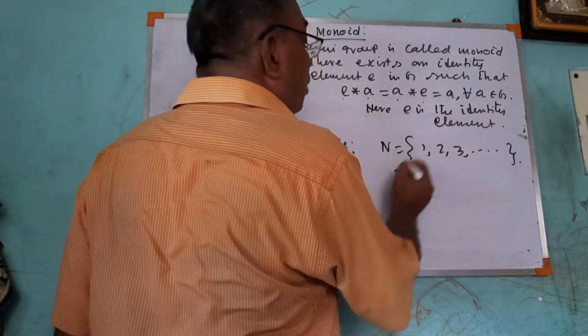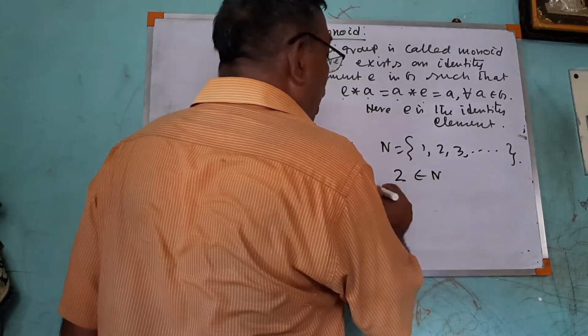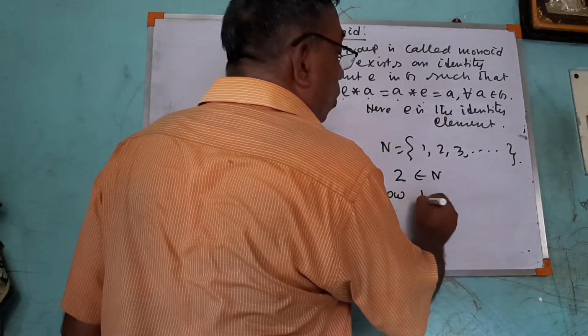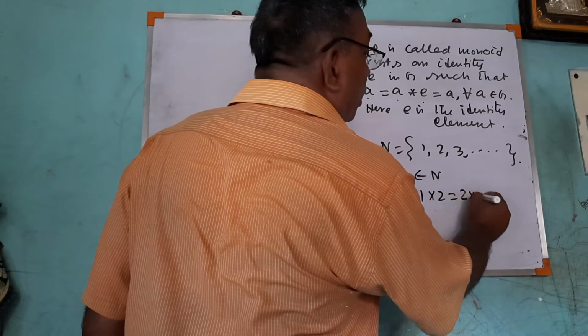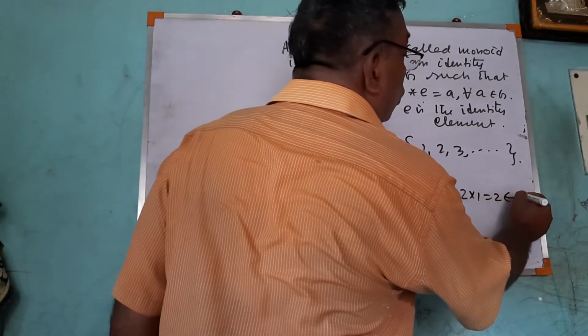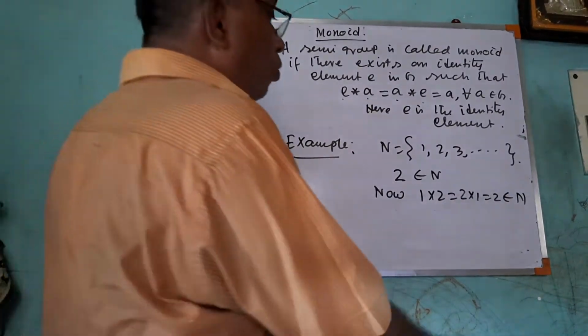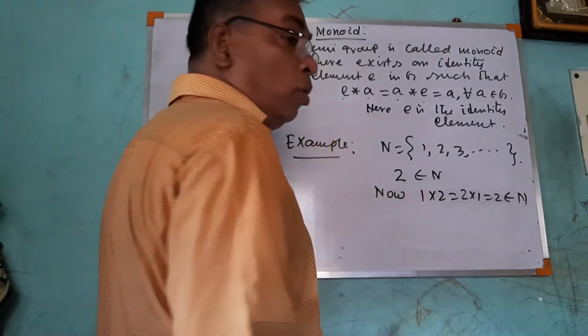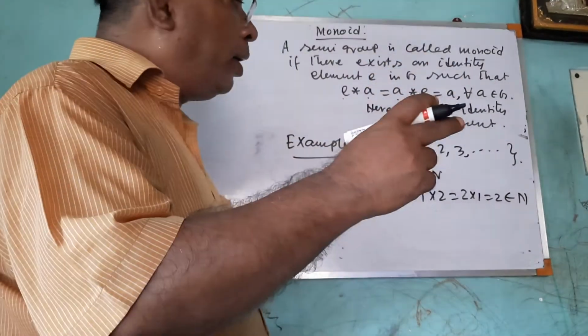Suppose 2 belongs to N. Now you can check: 1 into 2 equals 2 into 1 equals 2, which belongs to N. So you see, 1 into 2 equals 2 into 1 equals 2.